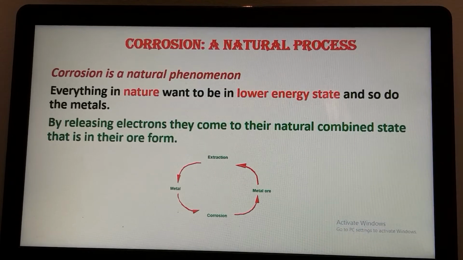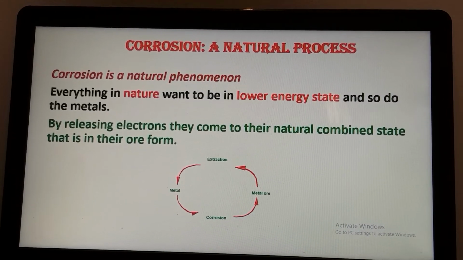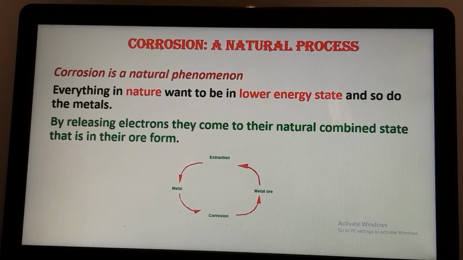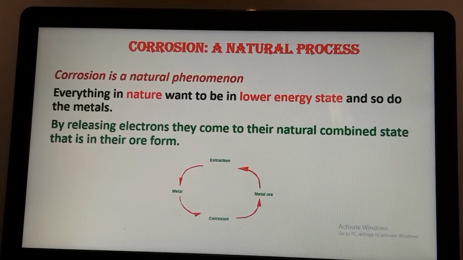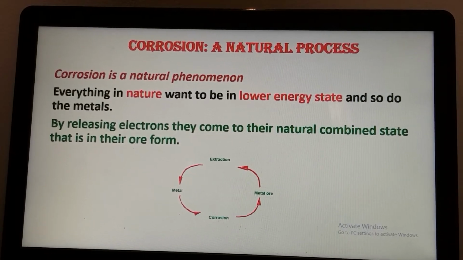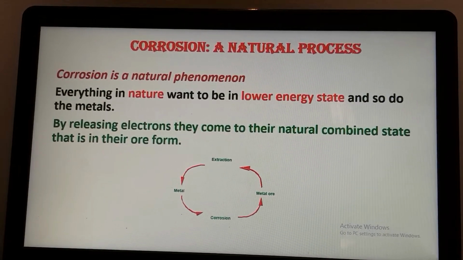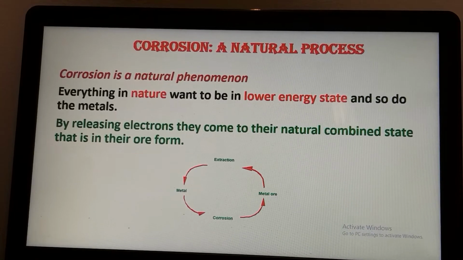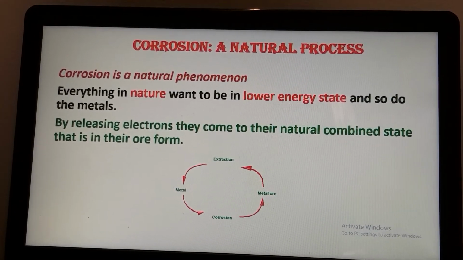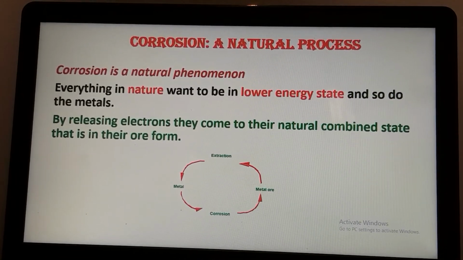So the metals want to revert back to their original state, that is the combined or lower energy state, and this is the basis of their corrosion. Because due to corrosion, they combine with oxygen and humidity and come to the oxide or the hydroxide state, which is the combined state.